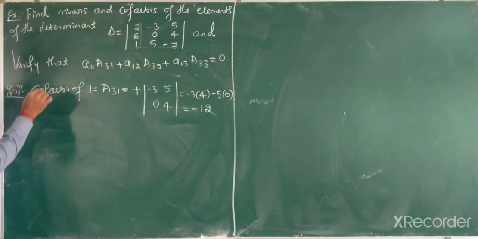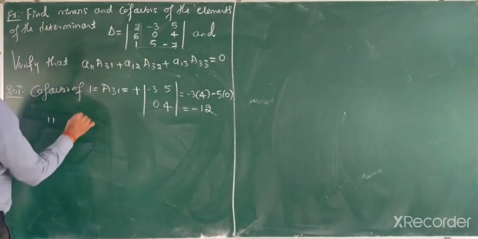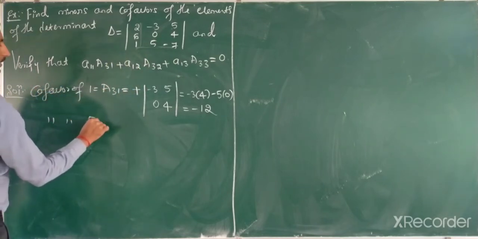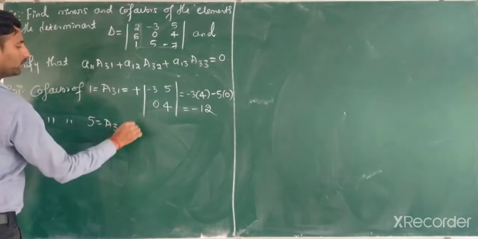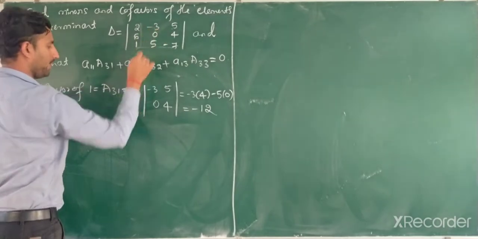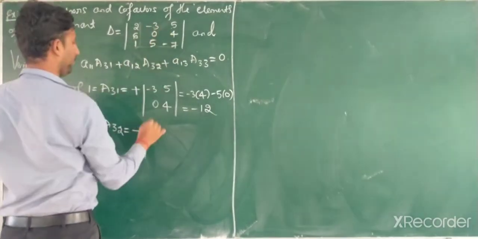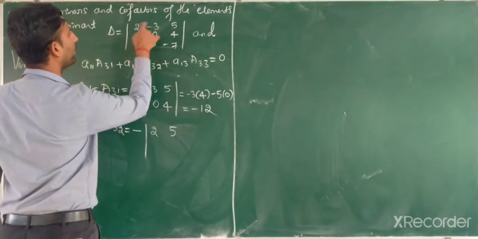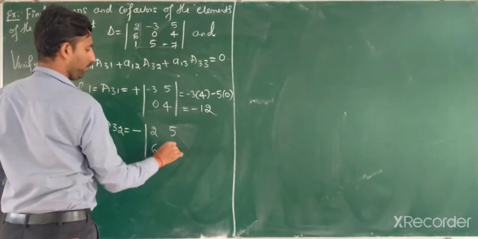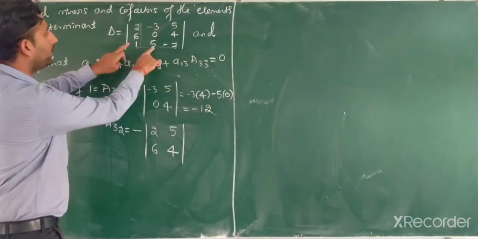After that, cofactor of 5, which is equal to A32, which is equal to minus, with minus plus minus. This we have to eliminate. Students, again look at A32, it means this place.